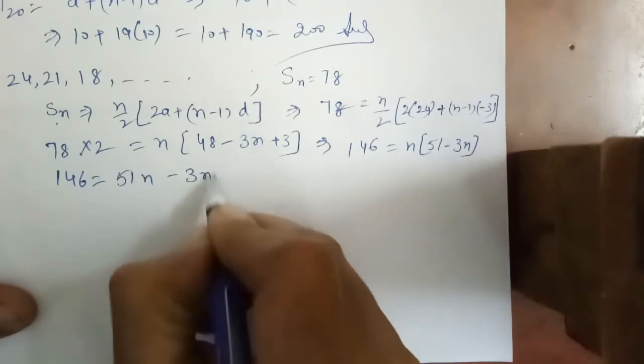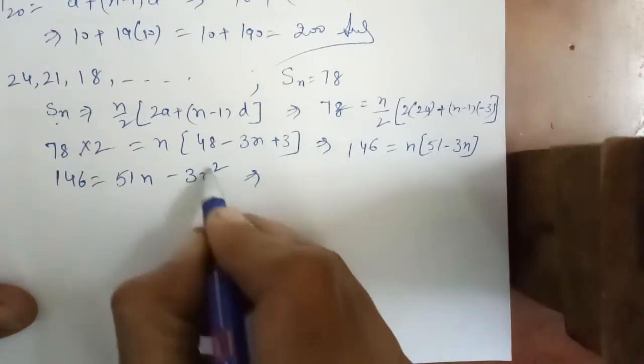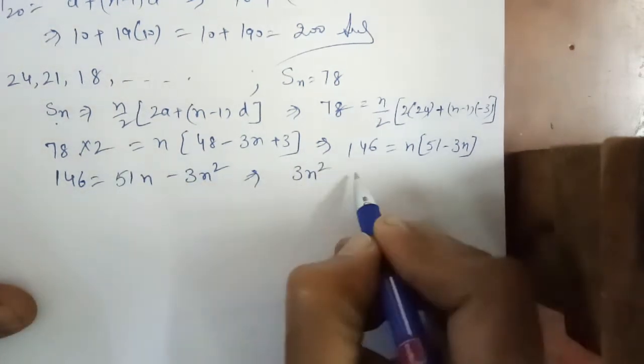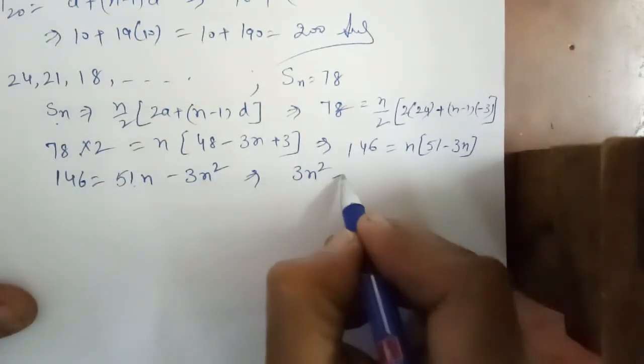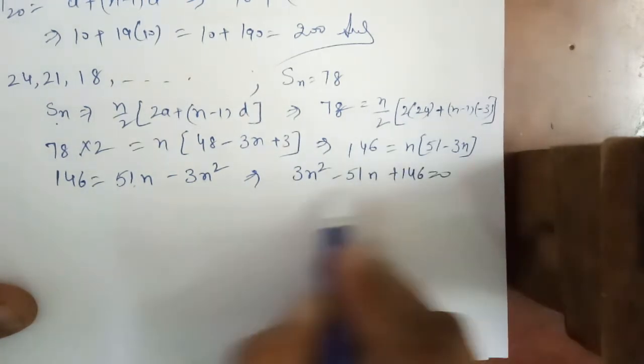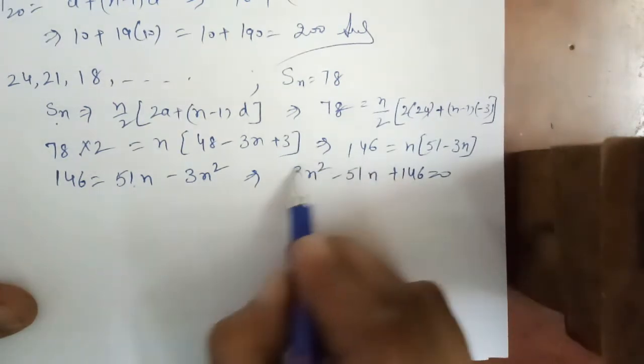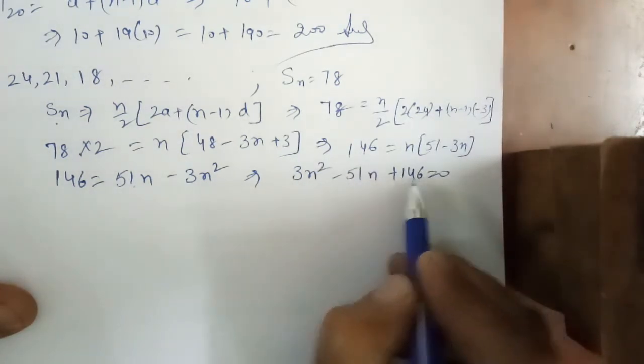The n square should be in positive sign, so we have to adjust this. On the left side it will be positive 3n square, and 51n on the left will be negative. This is as it is. What can be common in these? Not n, only 3. It can be divisible by 3.